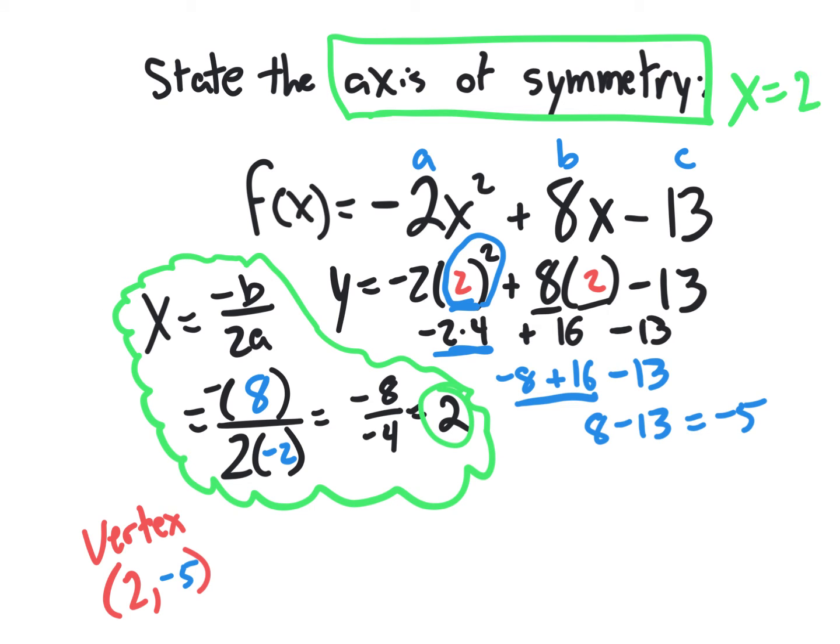You could just say x equals 2, and that is your axis of symmetry equation, right? But again, I want to cover all possible questions that I could ask with regards to any type of function, whether it's standard form or vertex form. So anyway, right here, find the axis of symmetry equation, use the vertex formula, and once you get that x value, you could just say x equals that x value of the vertex, and you are done.